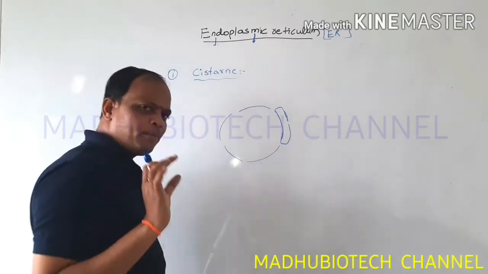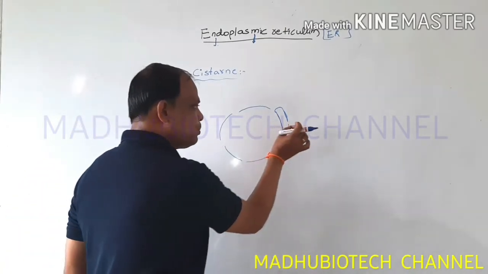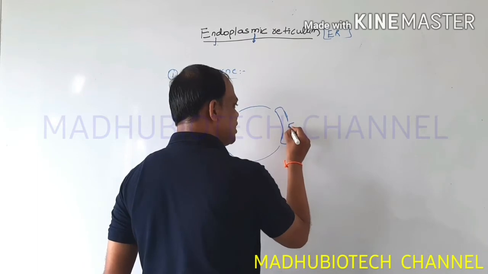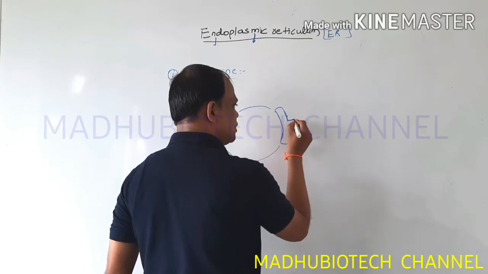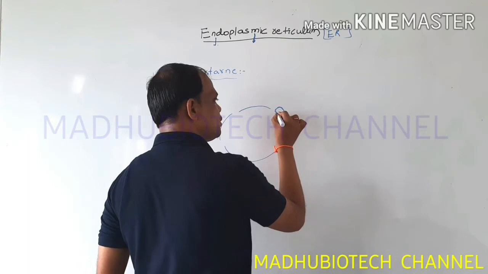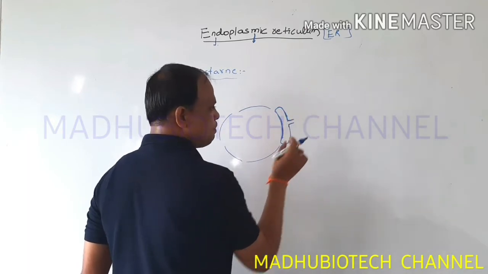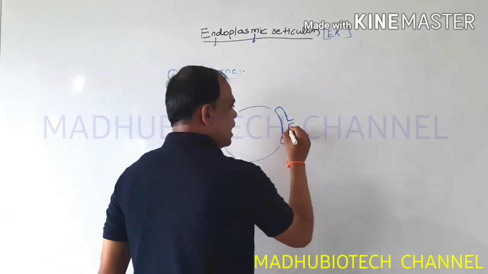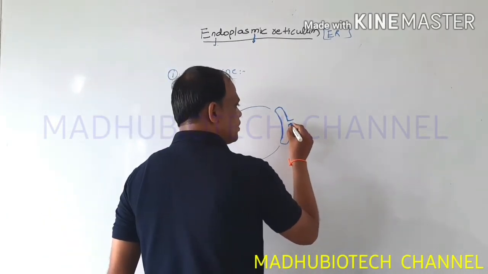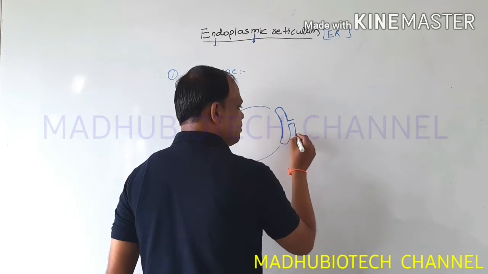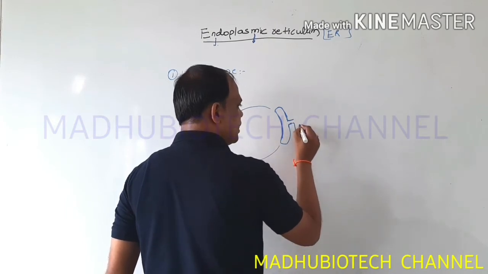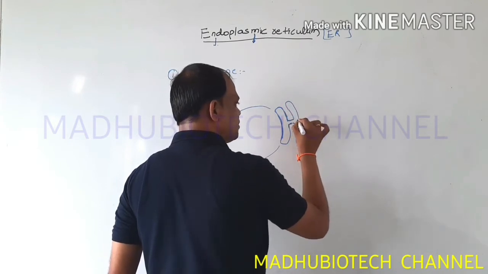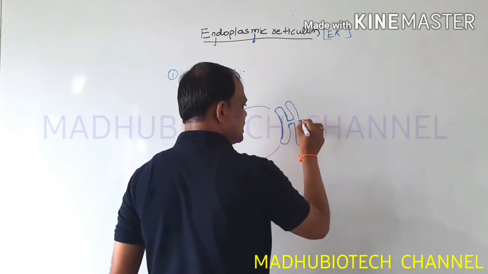Here the nuclear membrane can develop a protrusion, a bulge-like structure, also called bubbling. At this place the nuclear membrane can develop into the endoplasmic reticulum, and this is the cisternae.